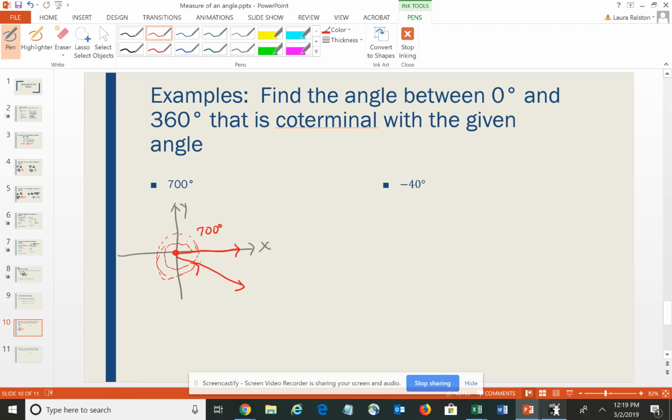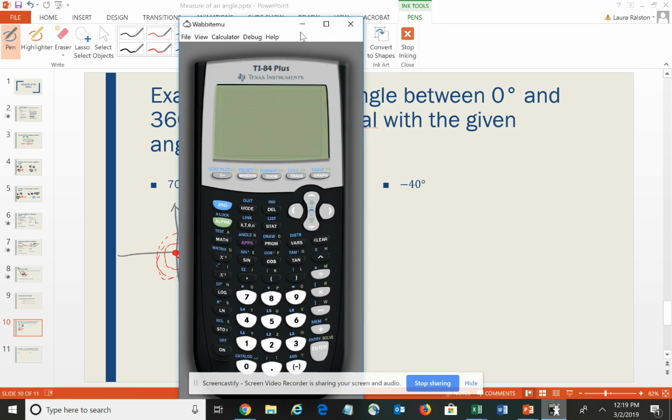And I want an angle that's between 0 and 360. So since I'm trying to make it smaller, that's kind of my clue that I maybe want to subtract. So I'm going to start out doing 700 degrees minus one revolution, which is 360 degrees. And you can get your calculator.